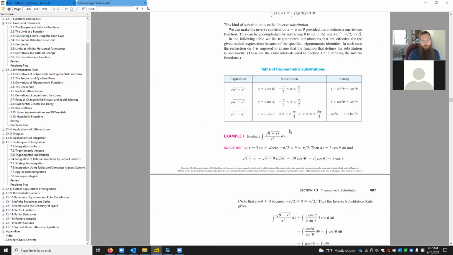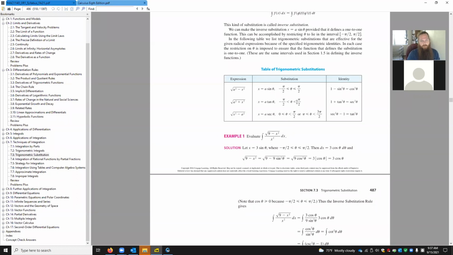Remember, each of these things comes with a domain restriction, right? Because we're interested in a handful of things. First, we want the square roots to simplify nicely. So I don't want to have to worry about absolute values. So I want to make sure that the functions in question are positive. Also, we're going to end up using inverse trig quite a lot here.